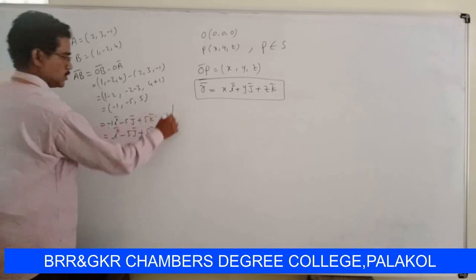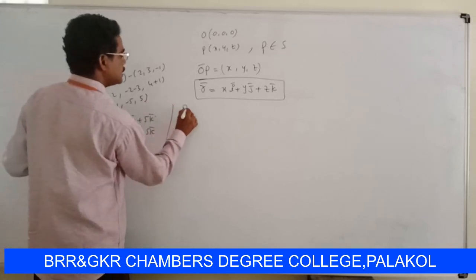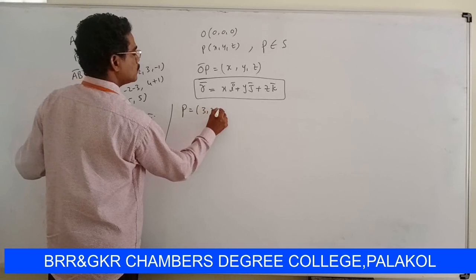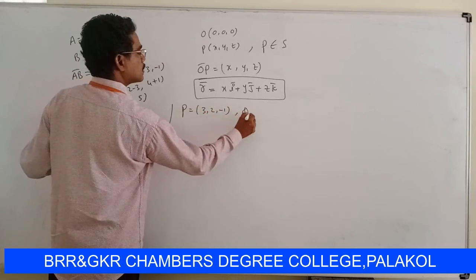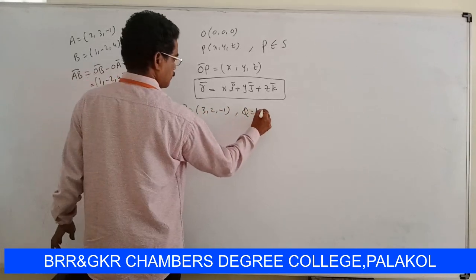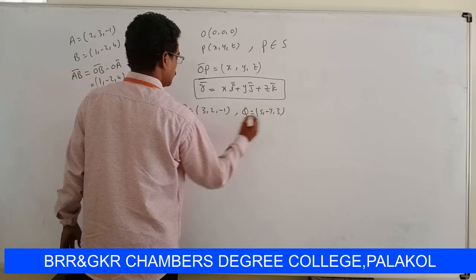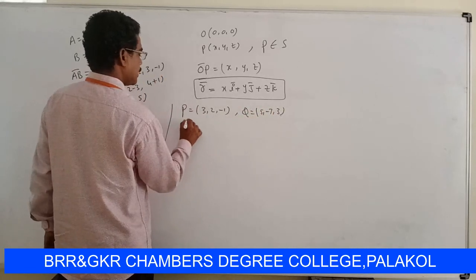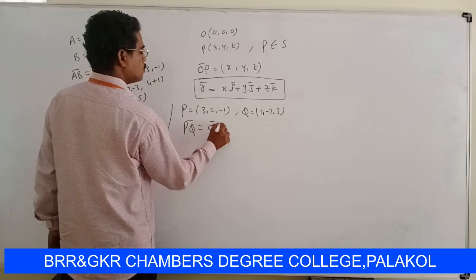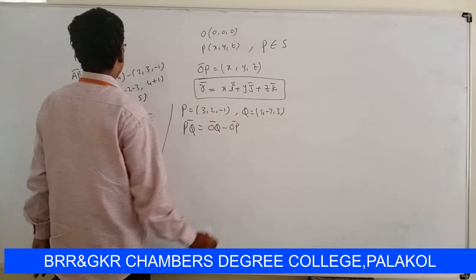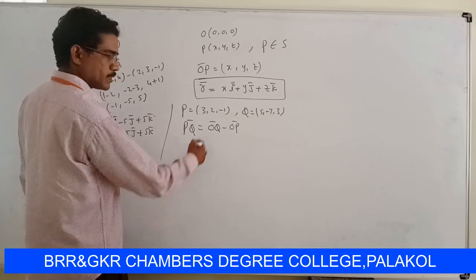Another example: suppose P equals (3, 2, -1) and Q equals (5, -7, 3). Now PQ bar equals OQ bar minus OP bar.